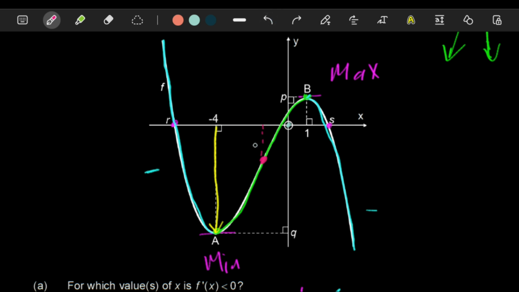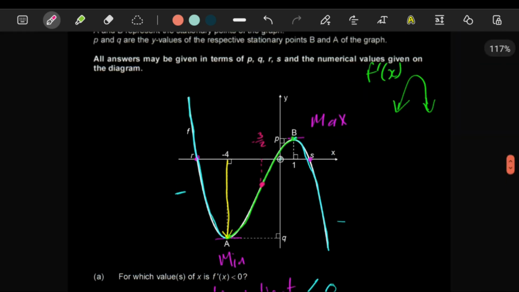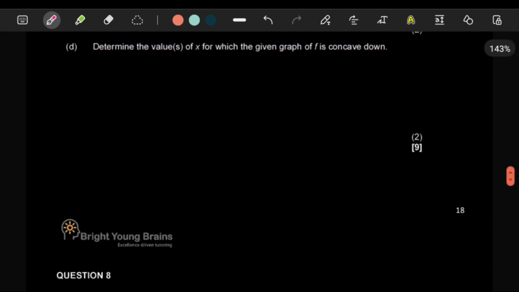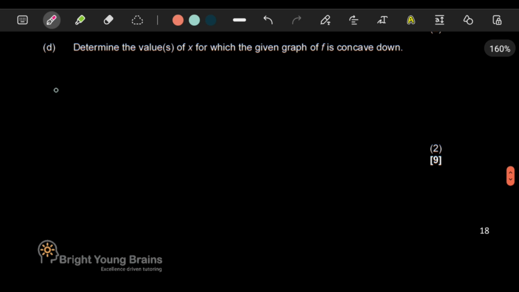Or rather, for this kind of equation, you just need the x value of the point of inflection.